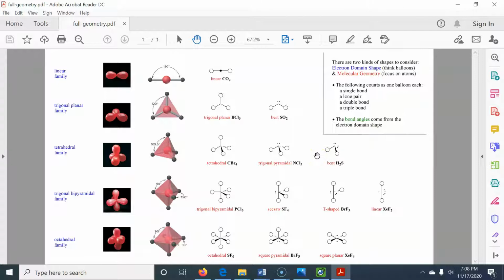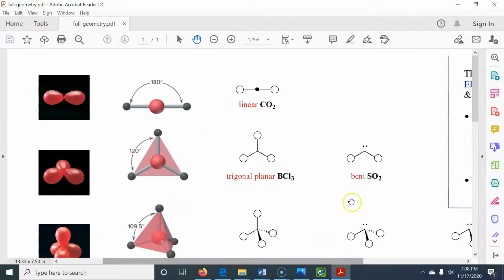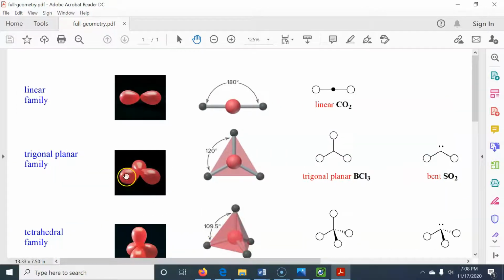We were doing sulfur dioxide, correct? Sulfur dioxide is right here. And yes, I'm looking at my notes, and we call the molecular geometry bent. That's made by the atoms. But the shape made by the balloons is actually right here, trigonal planar.